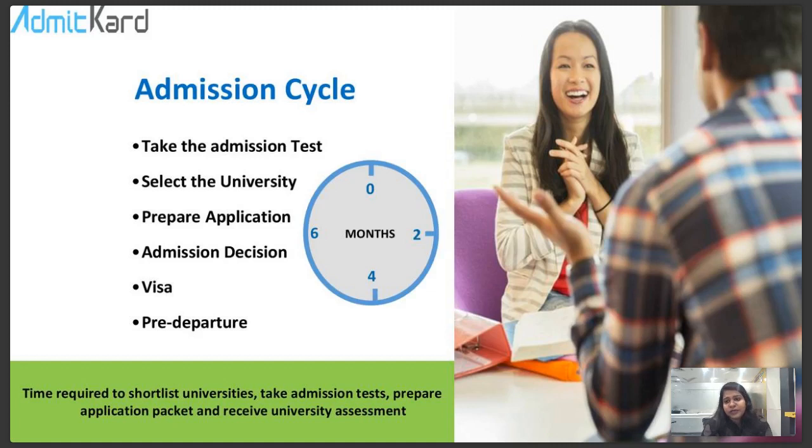Any kind of PhD in the US is very competitive, but then you get a full scholarship and a stipend to take care of your living expenses. So there's no involvement of money as such when you go there. But yes, in order to be that person, you need to have a very good overall profile.